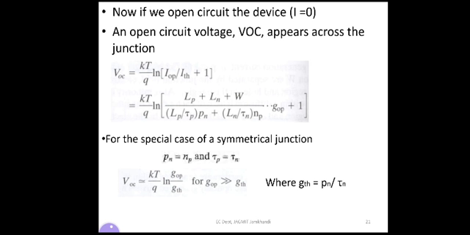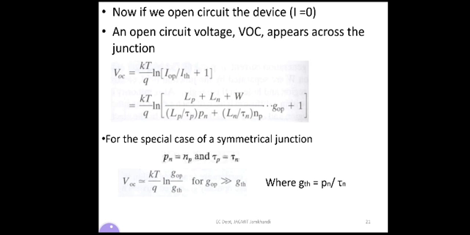Now consider a symmetrical junction, that is Pn is equal to Np and tau p is equal to tau n. This is a special case for the symmetrical junction. Then we can rewrite the preceding equation in terms of the optical and thermal generation rates.